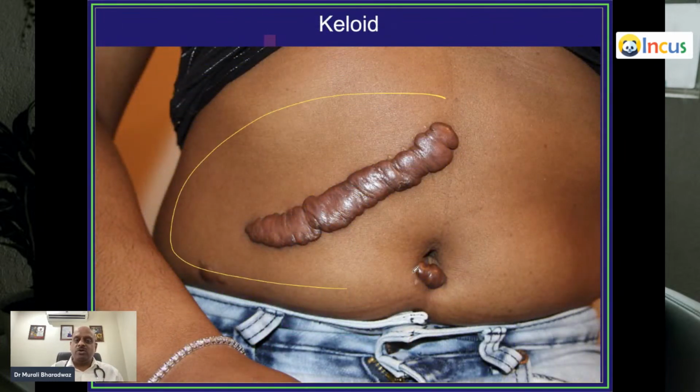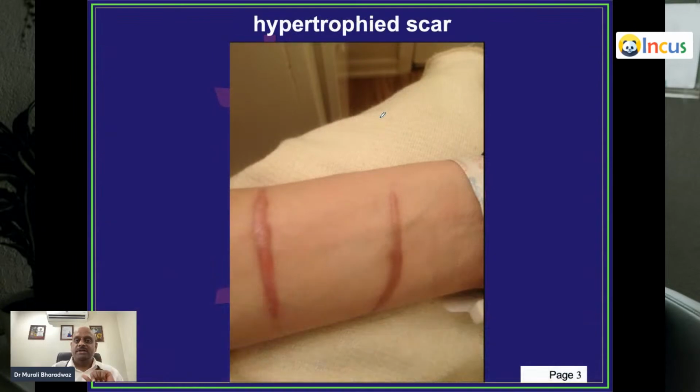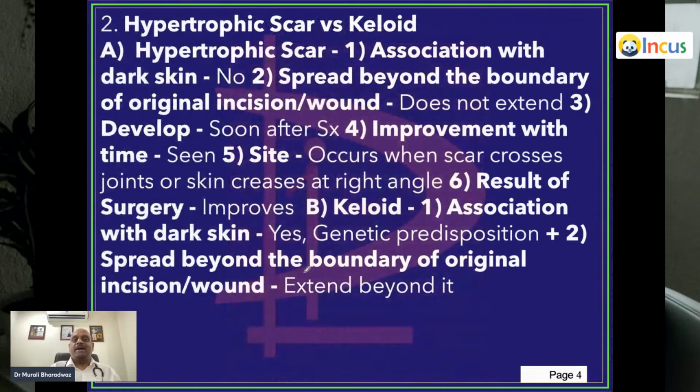So this is what we call keloid. This is an example of hypertrophied scar. Now, one of the favorite questions of the examiner is, what are the differences between a hypertrophic scar and the keloid? Hypertrophic scar does not spread beyond the boundary of the original incision. And hypertrophic scar develops soon after the surgery.